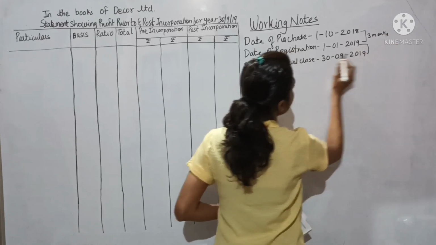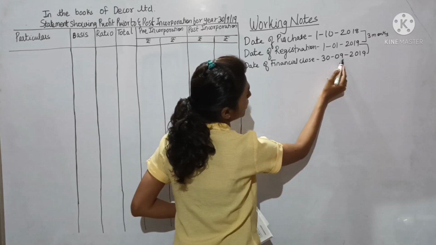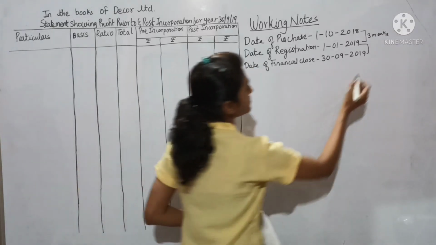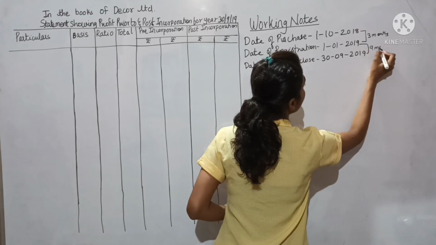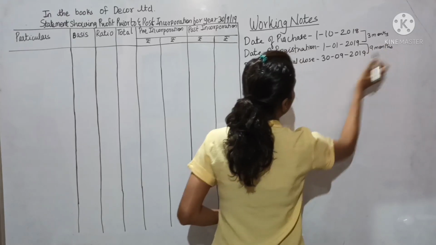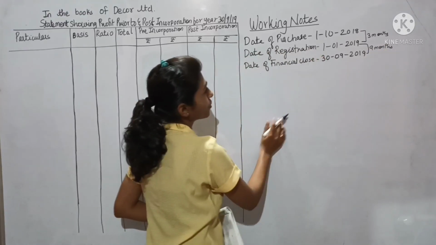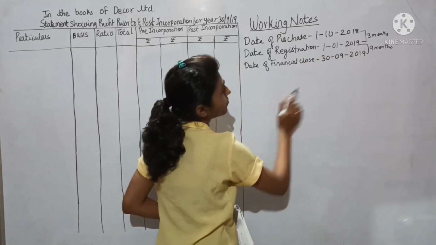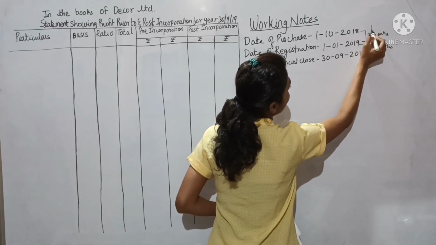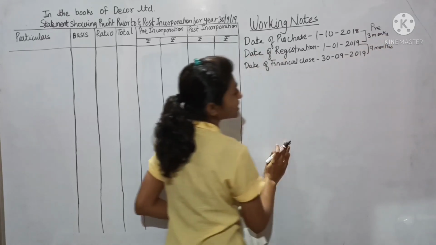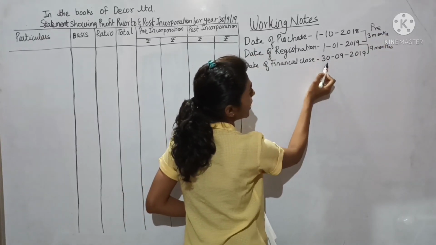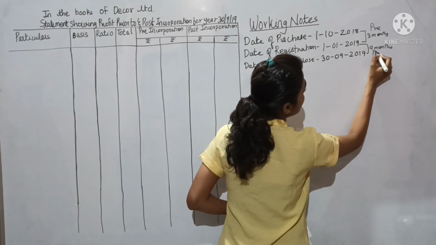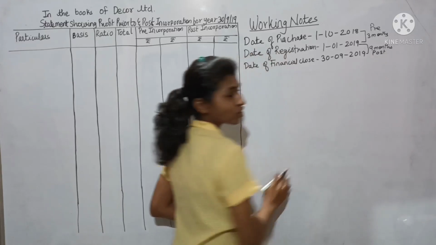And from 1st Jan to 30th September 2019, how many months? 9 months. That means these 3 months are of pre-incorporation, and these 9 months are of post-incorporation.